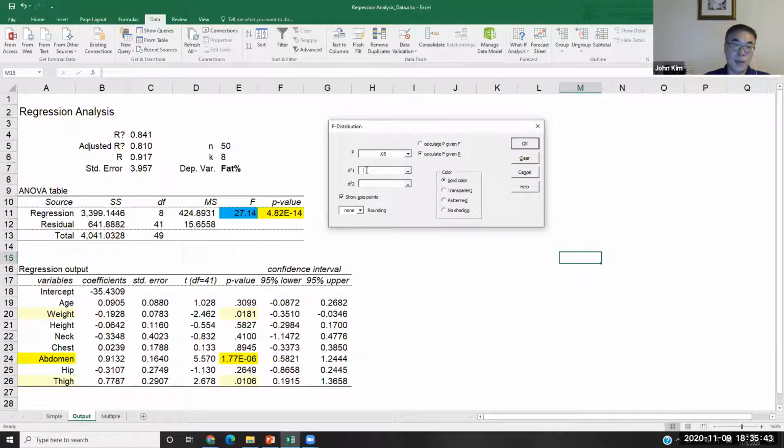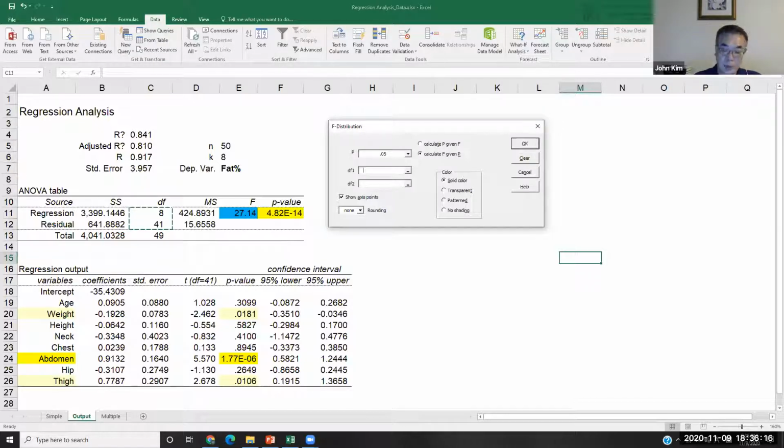And then this one asks for degree of freedom 1 and degree of freedom 2. To get the F critical value from the F distribution, we need two degrees of freedom, df1 and df2. From the output, the first one is df1, the second one is df2.